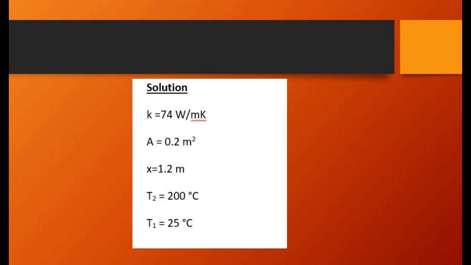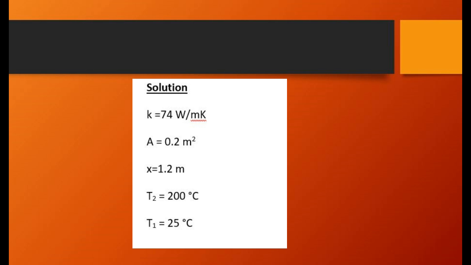And now notice that when you're solving conduction and convection problems, you don't have to convert them into Kelvin, because temperature difference in centigrade is the same as temperature difference in Kelvin. So we don't necessarily have to convert it, but if you want to, you can.